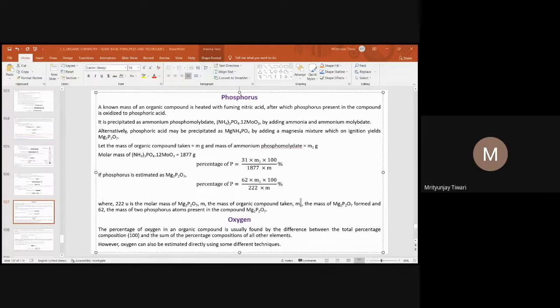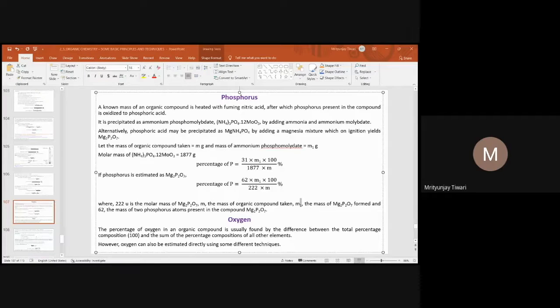The analyzer requires only a minimal amount of the substance, just between 1 to 3 milligrams, and displays the mass percentage of carbon, hydrogen, and nitrogen present in the compound on the screen. It will display in a very short time.